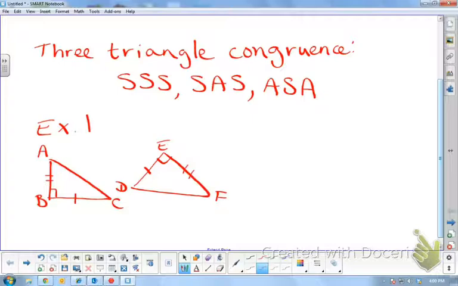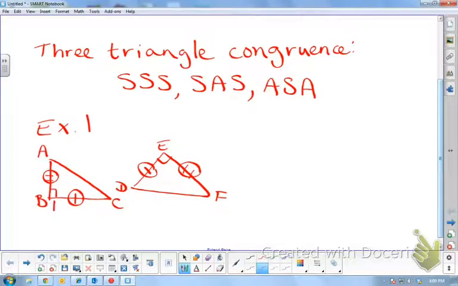So they've already given us the picture, and we still have to say if the triangles are congruent and why they are congruent. So looking at our two triangles, we notice that they've given us information about two sides that match. Side BC matches side DE, and side AB matches side EF.